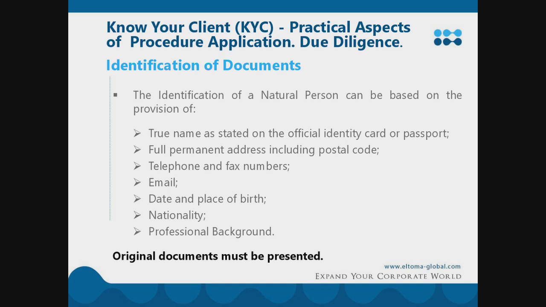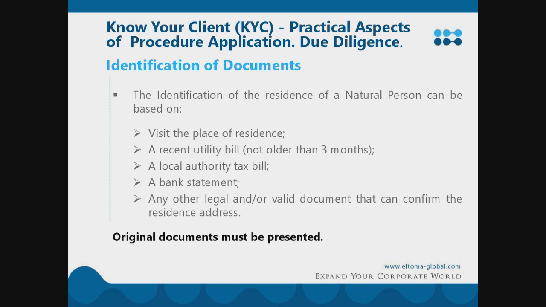Please note that original documents must be presented during all the checks of such documents. Identification of place of residence of a natural person could be based on, first of all, a visit to the place of residence, but I can tell you truthfully that this option is used very rarely, because you cannot send your employee to visit the place of residence of your client to see if everything is okay.